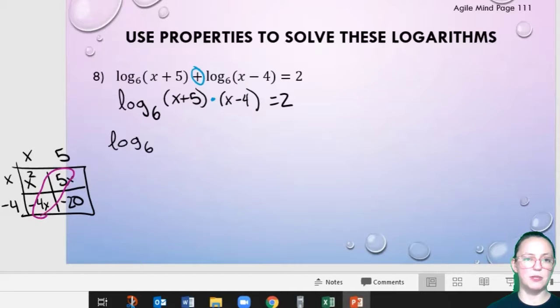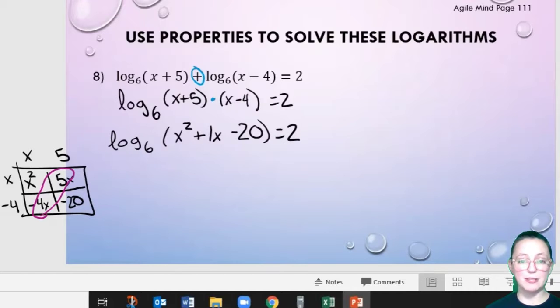Ooh, that circle's weird, but that's okay. We'll see it. And bringing it out of the box we have our x squared, positive 5x minus 4x gives us plus 1x, minus 20. And that's going to still equal 2. Now that we have the logarithm condensed and simplified, we're going to switch this back to our exponential form.